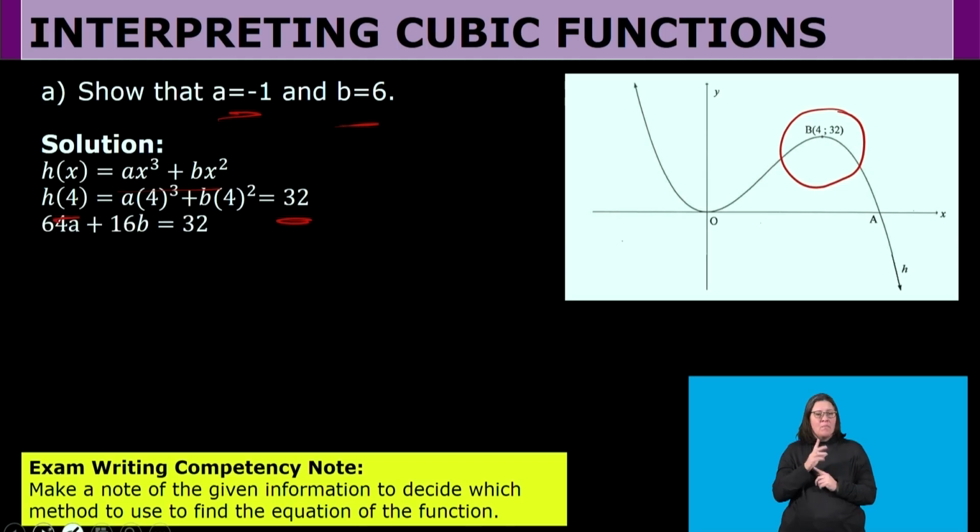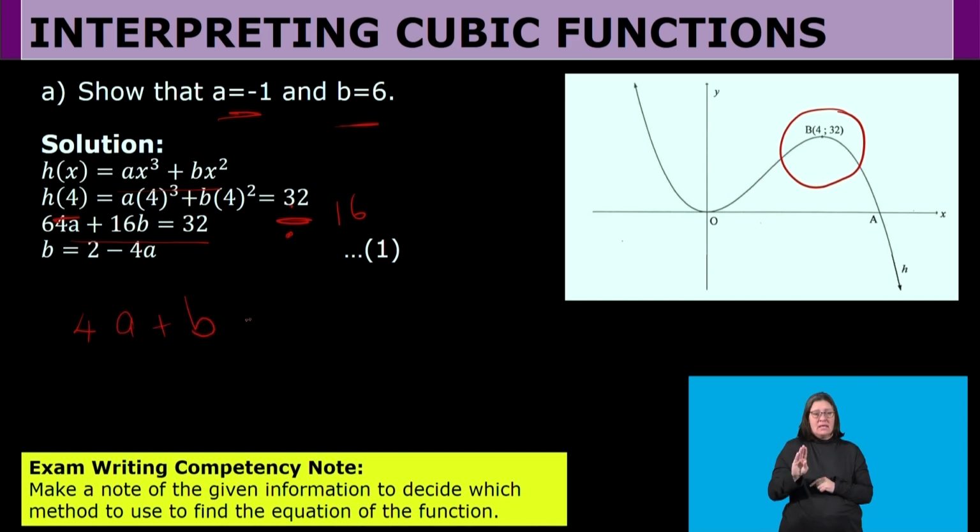If I simplify that a little bit more, I get 64a plus 16b is equal to 32. What I can do then is divide through by a common factor of 16. So we end up with 4a plus b is equal to 2. All I've done here to get to equation 1 is rewrite this.